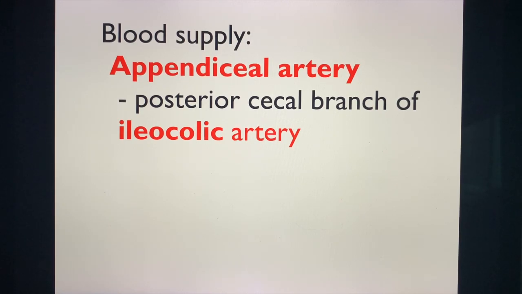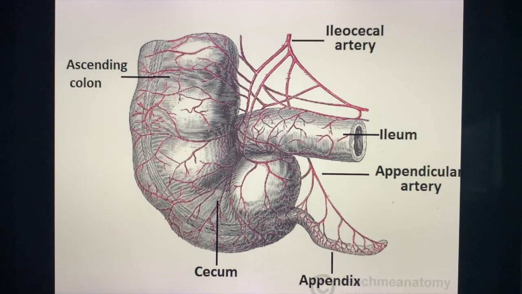Now here, again from Teach Me Anatomy, this is the ascending colon, the cecum is down here. Look at the appendix. This is the ileocolic artery. Posterior branch of the ileocolic artery.